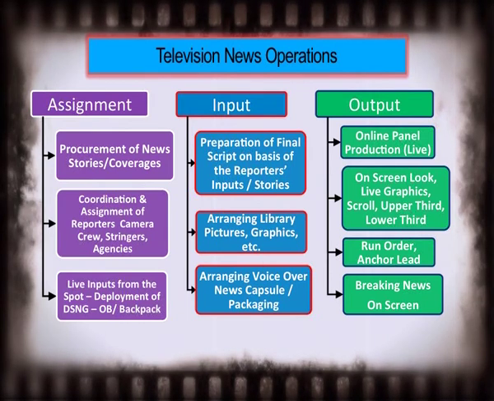The anchor reads in and leads into a story, an edited story from the event, the visual of the event is being played back, and throughout the screen we see a lot of things, what we technically call upper third and lower third, like the scrolling, the title, the Aston band, the name of the person speaking, and so on. So what happens in the live operation? That is the third wing.